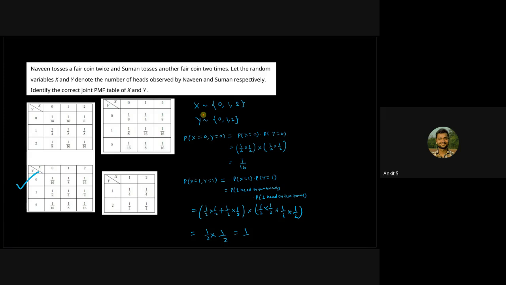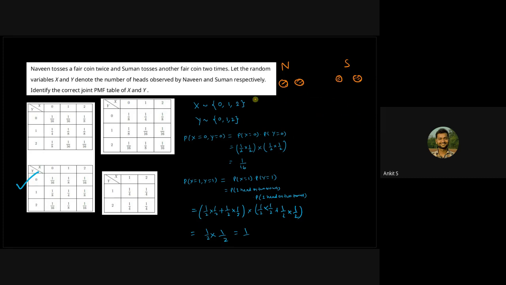Let the random variables x and y denote the number of heads observed by Naveen and Suman respectively. Suppose these are coins. Suman is also throwing two coins. Earlier I wrote all the cases, so I don't need to write it again. Those are the values that it can get.